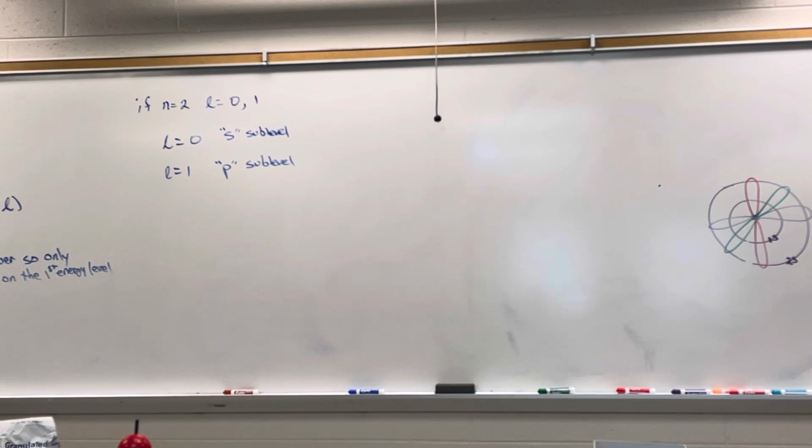So neon has 10 electrons. From the outside, it just looks like one big cloud of blurry negative charge. But the reality is the electrons are very subdivided. They're very much in a given area based upon their energy. So I go to the third energy level.